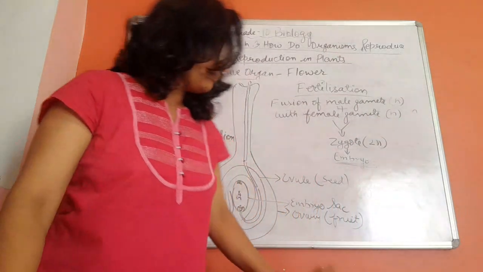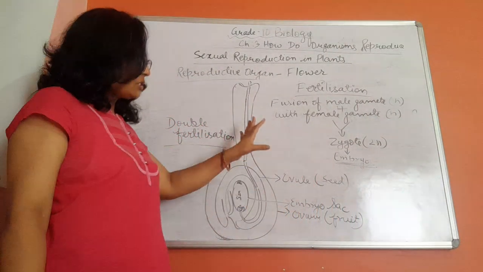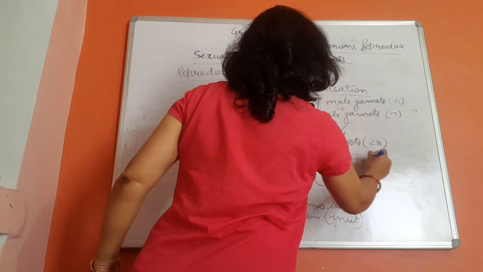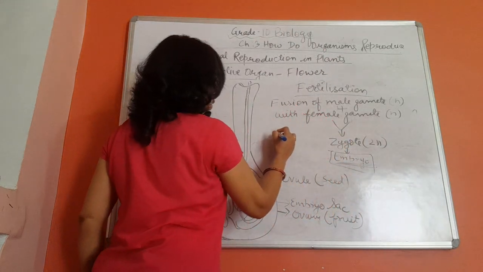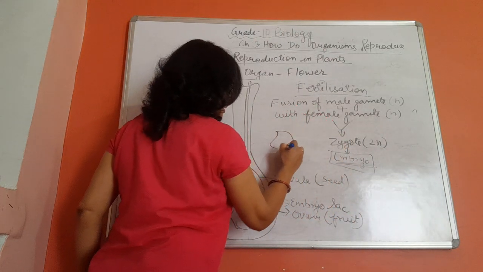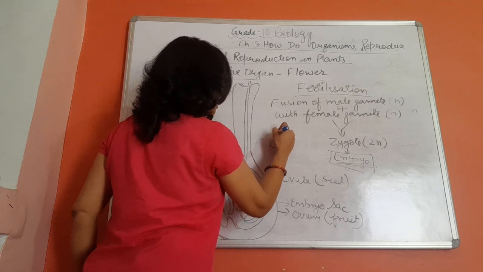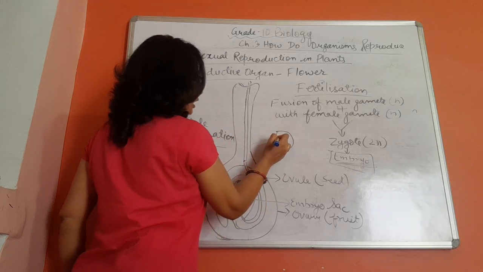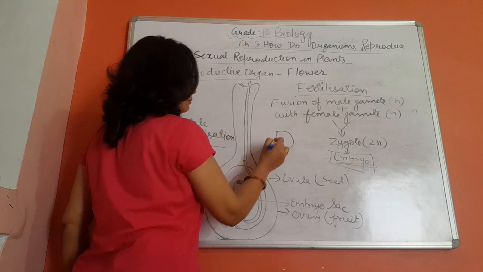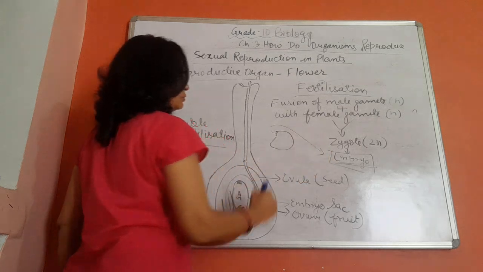This is how the fertilization takes place. And at the end, this embryo, if you look at a dry seed, like a chickpea, supposedly, you will see a notch here, a notch. Inside this notch basically the embryo is hidden, hidden right here.